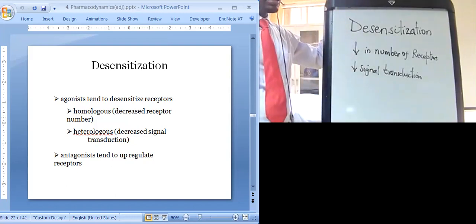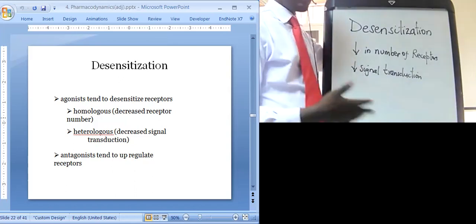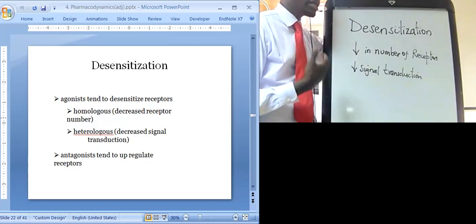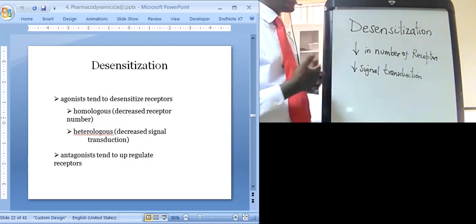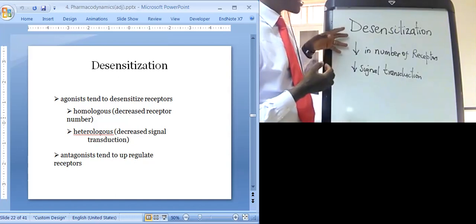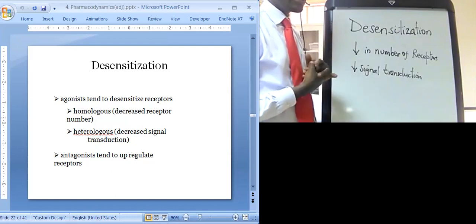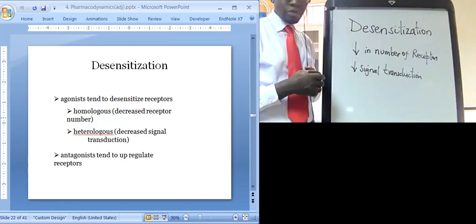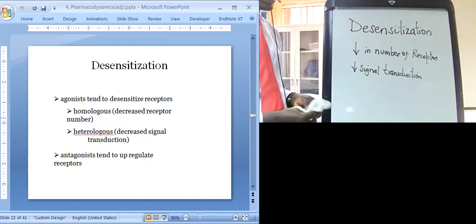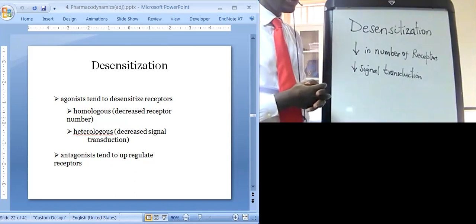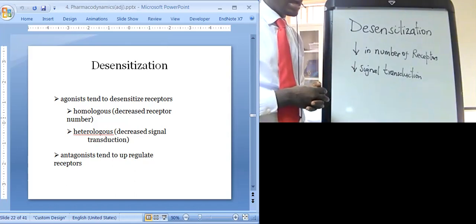So in other words, when someone is on antihypertensives for years and years, a time comes when the receptors for that particular drug decrease, or signal transduction decreases, and as a result, the patient will not get the intended effect. But antagonists usually tend to upregulate receptors.